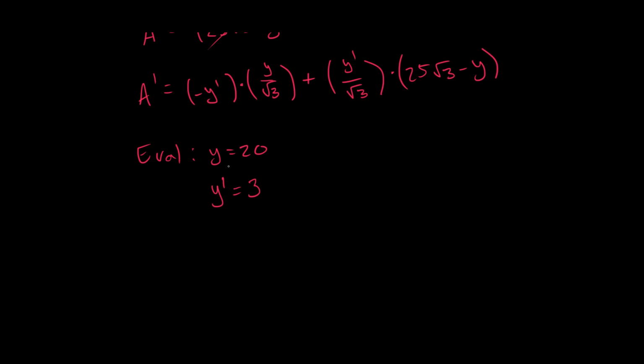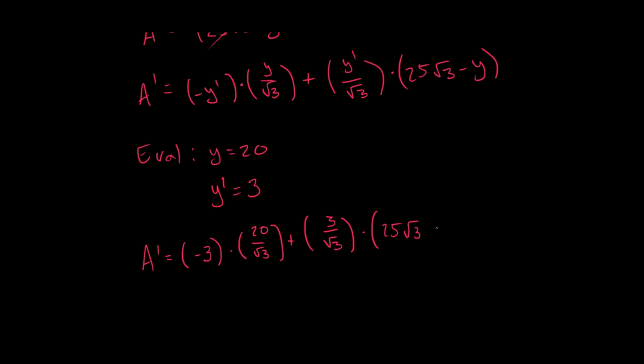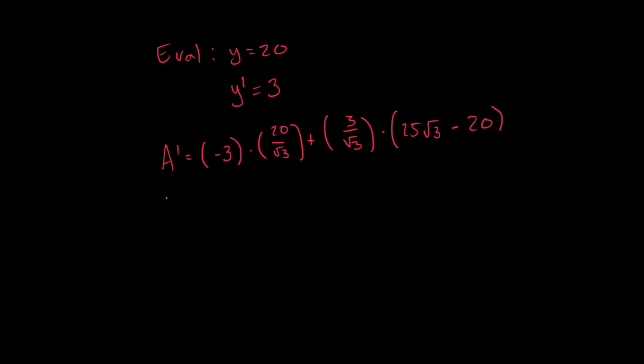Perfect. So let's plug this in. We get A prime is equal to negative 3 times 20 over root 3 plus 3 over root 3 times 25 root 3 minus 20. Let's evaluate this a little bit.